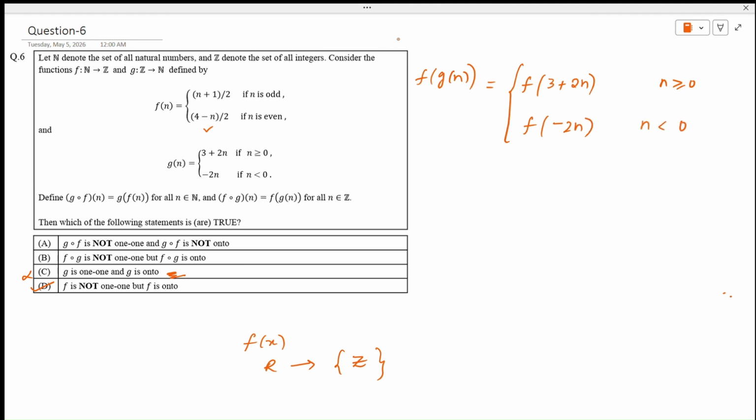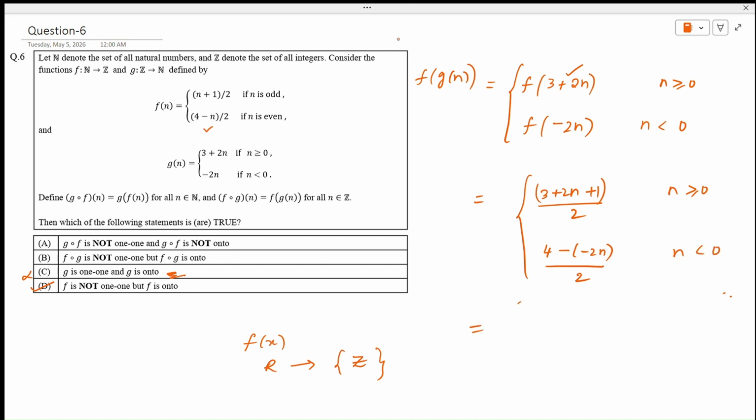And then clearly 3 plus 2n is odd, so we'll get n plus 1 by 2. So 3 plus 2n plus 1 by 2 here if n is greater than or equal to 0. And minus 2n is clearly even, so we'll get 4 minus n upon 2 when n is less than 0.